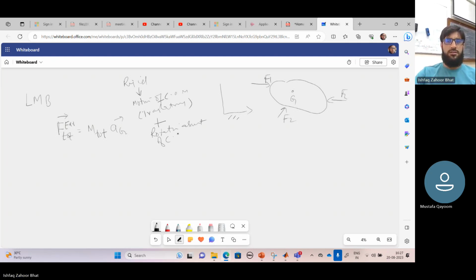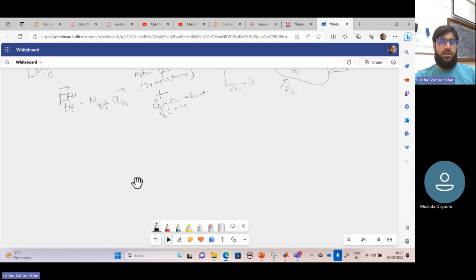So the dynamics of the rigid body is completely determined if we have the motion of the center of mass and the rotation of the body about the center of mass. This is enough information. So first this will give us the translatory part. Whatever I have written here, this equation will serve that purpose. So now the question is about the second part, that is the rotation about the center of mass.